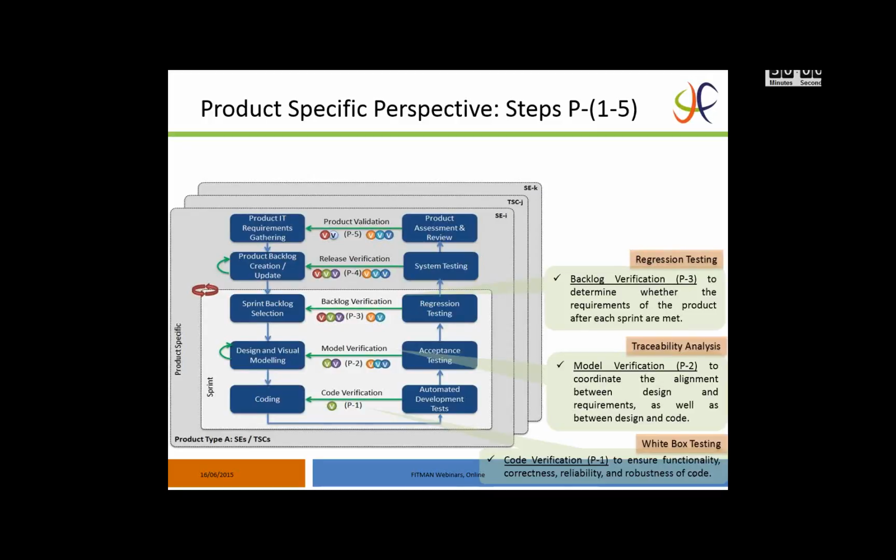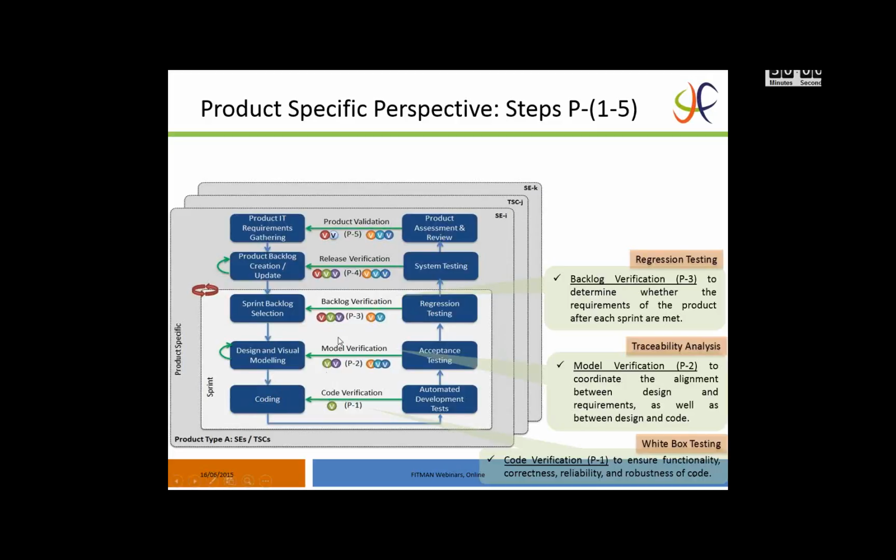In the backlog verification, we try to determine whether the requirements that have been set have been met after the end of each sprint, if we are talking about the agile software engineering methodology that has been adopted by the development team. If this is not the case and we don't have agile cycle sprints every week or every month, then these 3 steps are not repeated during each sprint, but they are conducted once during each release.